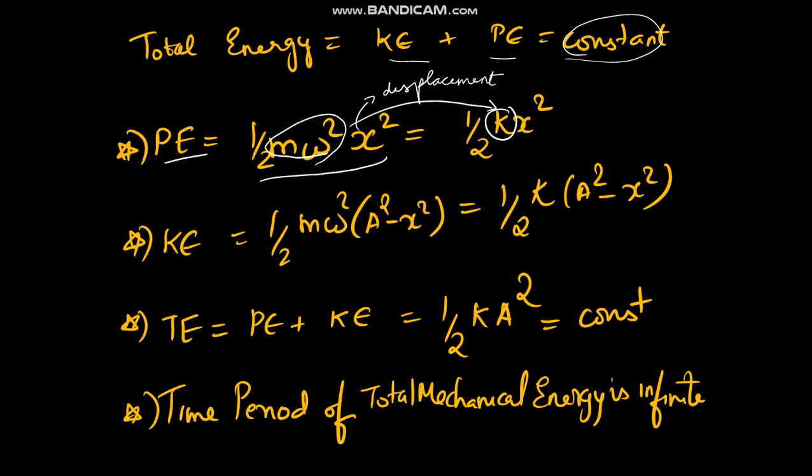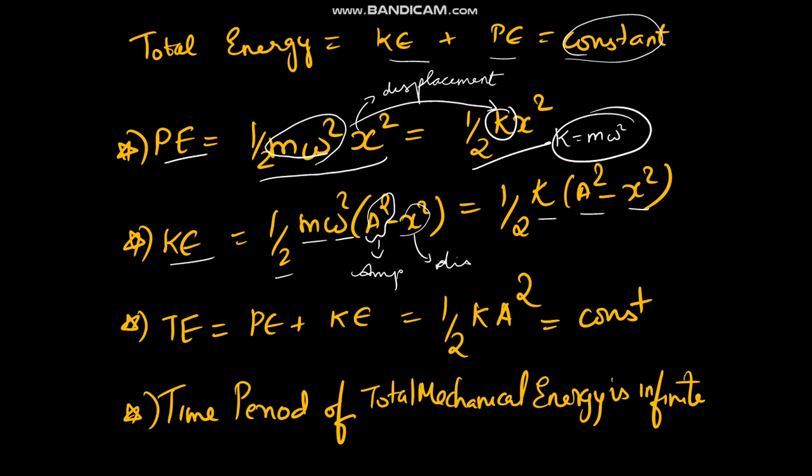And kinetic energy is 1 by 2 m omega square (a square minus x square), where a is the amplitude and x is the displacement, which is equal to 1 by 2 k into (a square minus x square), where k is m omega square. So only these two formulas you must remember.